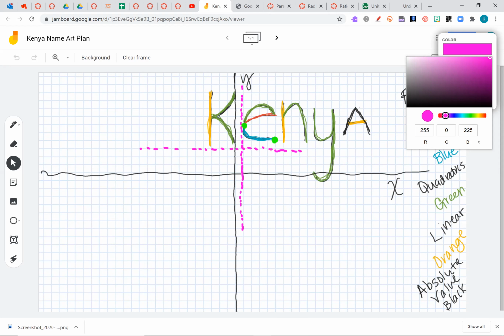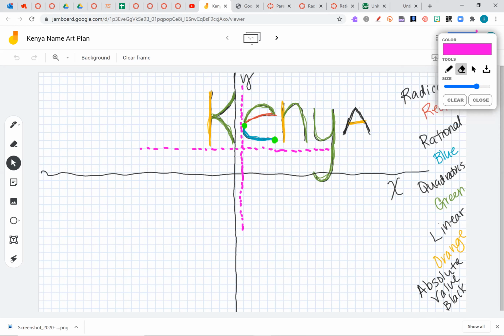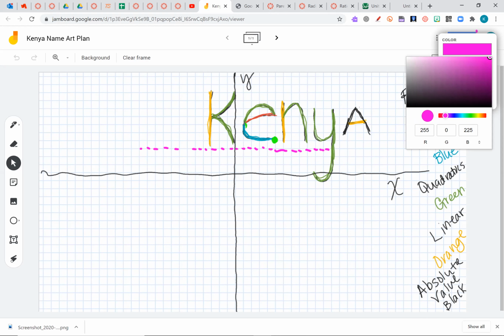Actually, I'm going to do one over more, because remember, it's an asymptote, so it's not going to touch the line. So the same way I did one down a little bit, I'm going to do one over a little bit.